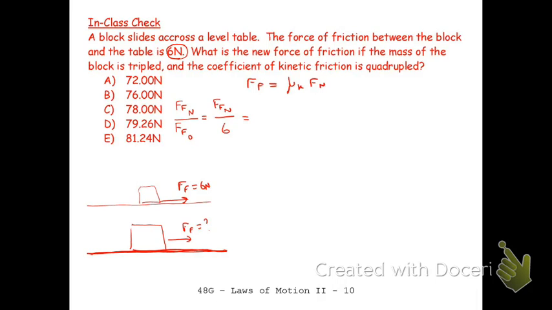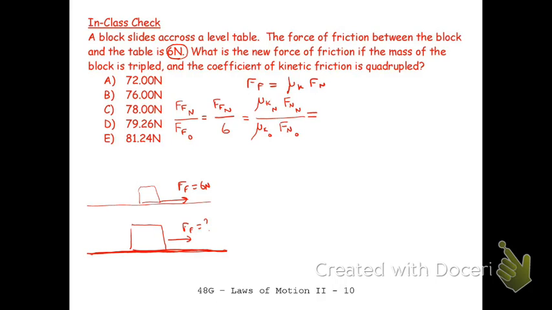Well, it's going to be the new value of mu k times the new value of the normal force. Two n's there is always a little bit unfortunate. Over the old value of mu k times the old value of the normal force.